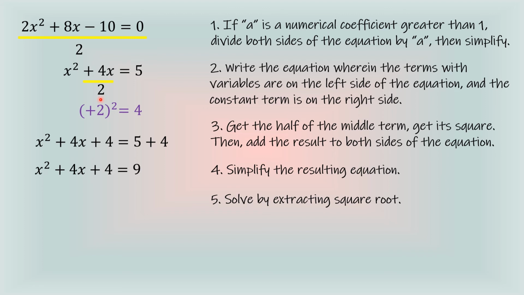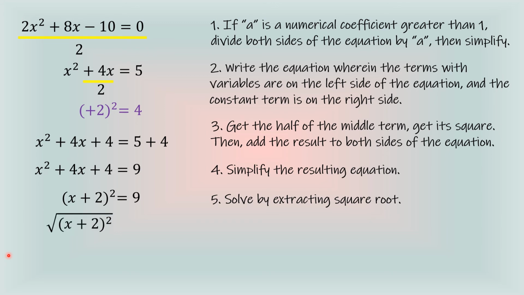So, ibig sabihin, ang factors ng x squared plus 4x plus 4 is x plus 2, quantity squared. Kinuha lang natin ulit yung 2 dito. And then, lagyan natin ng squared because x plus 2 times x plus 2 is equal to x squared plus 4x plus 4. Next, binring down natin yung 9.